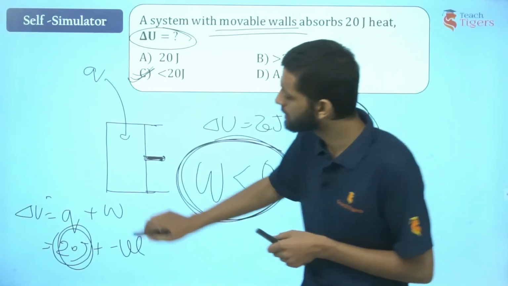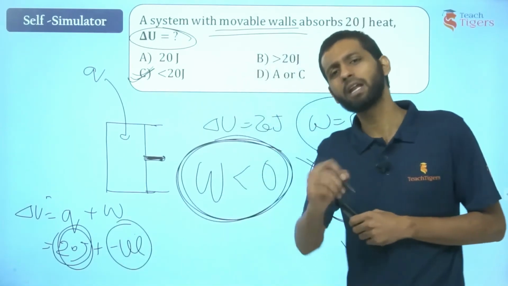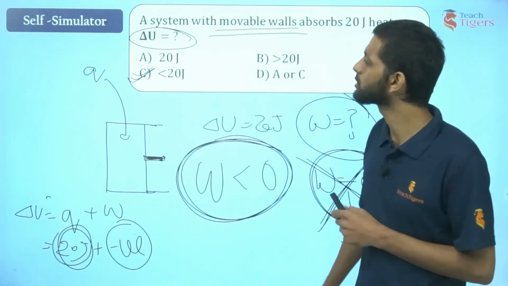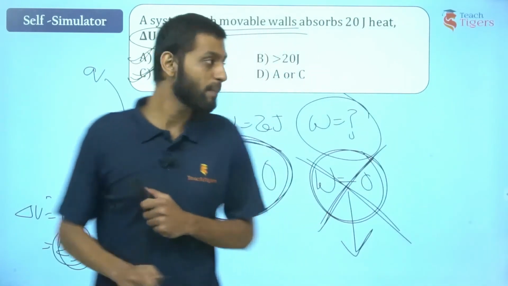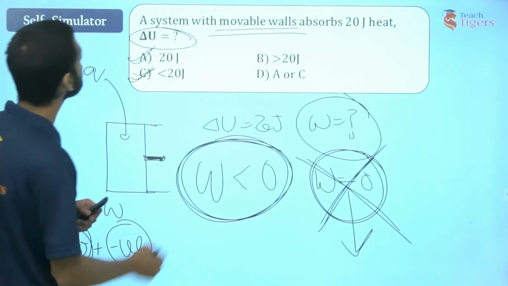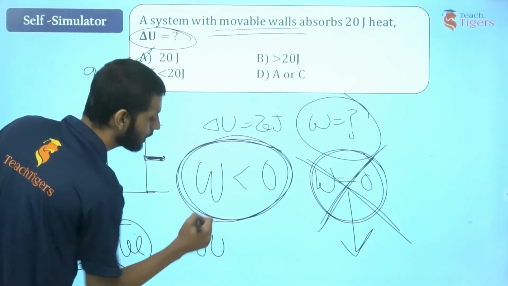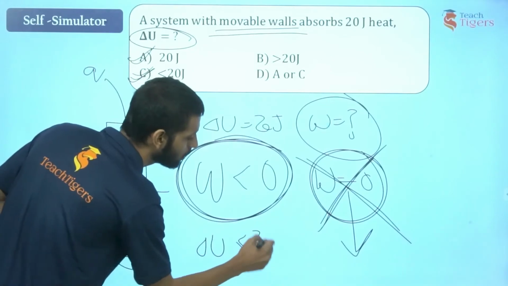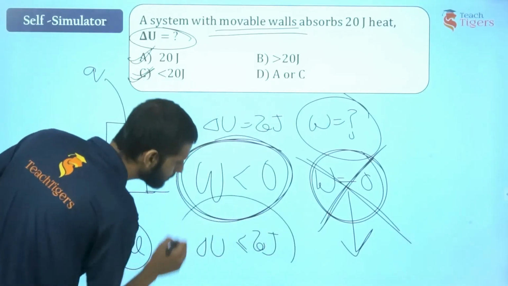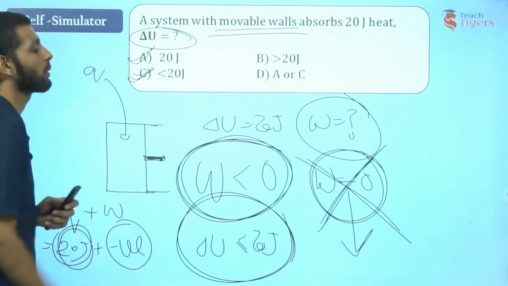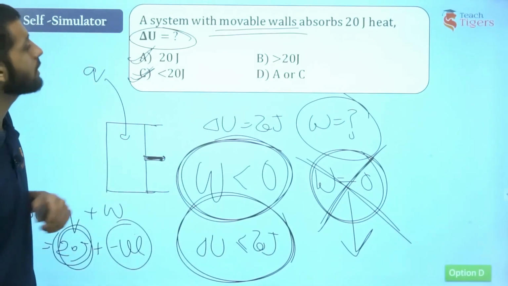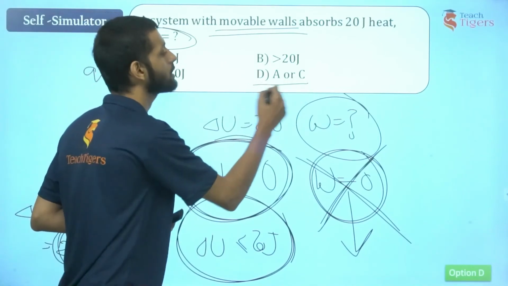So it's possible that it's either negative or maybe very close to 0, and it can be either A or C. So the best guess we can make is delta U is less than or equal to 20 joules. At most it is 20 joules. The answer is option D, which is A or C.